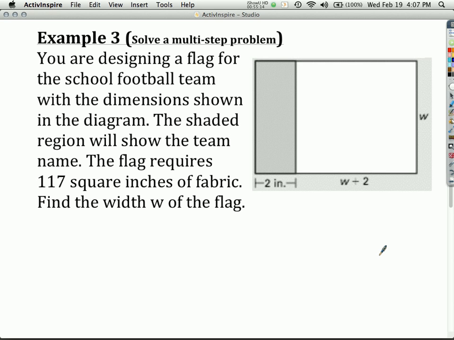So the scenario is building something, a flag. The diagram is set up. It's kind of a generic diagram. And we're given the amount of fabric that's going to be used to construct the flag. It's going to be 117 square inches.